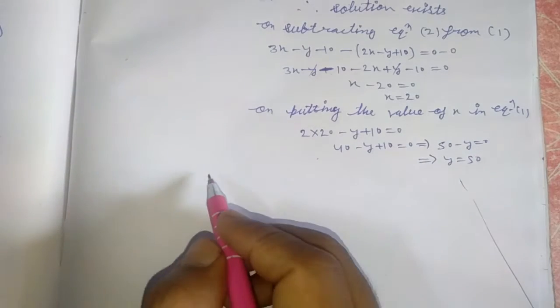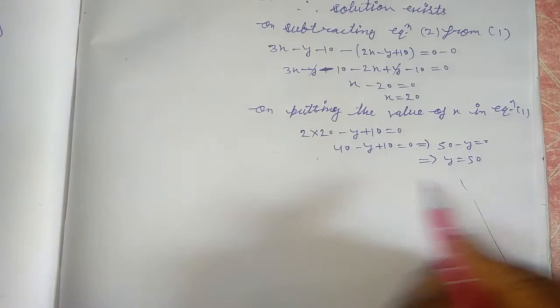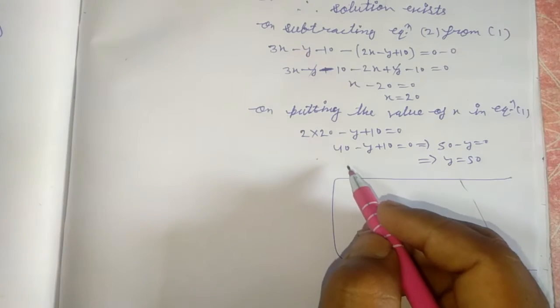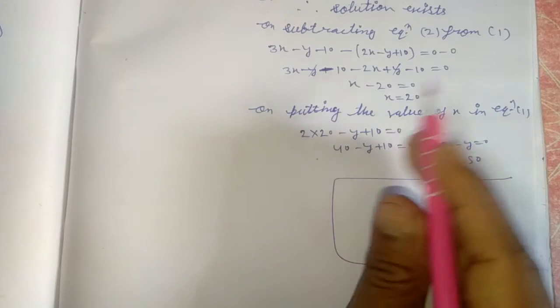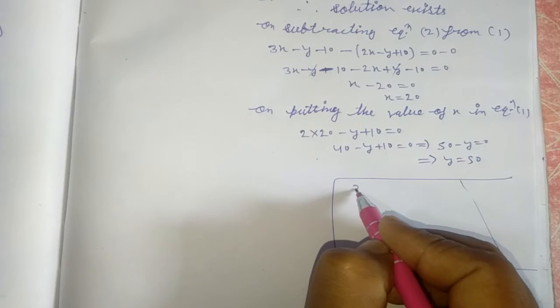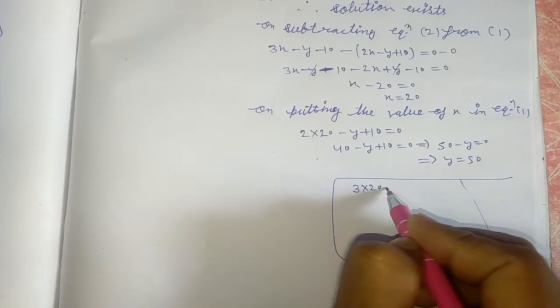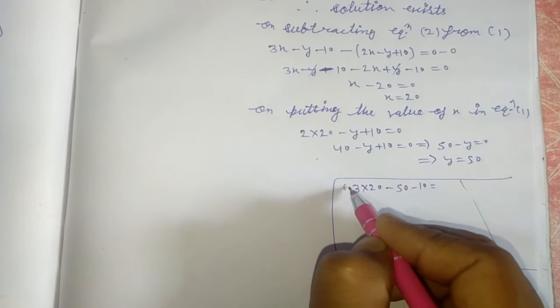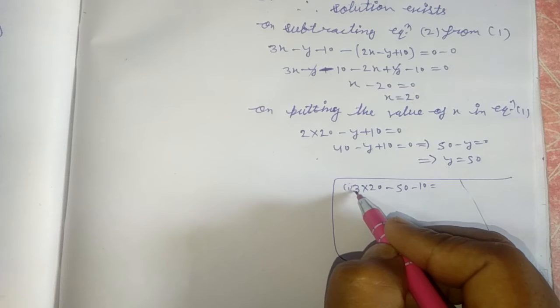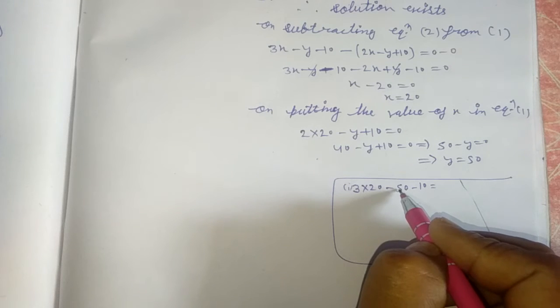Okay, so check your answer. Put the value of x and y in equation number 1. So 3 into 20 minus 50 minus 10. Now solve. 60 minus 50 minus 10.